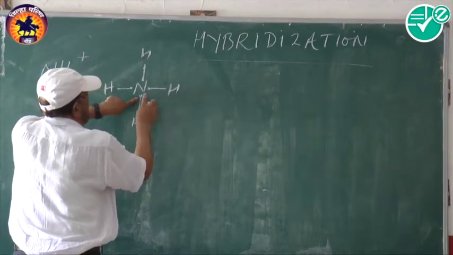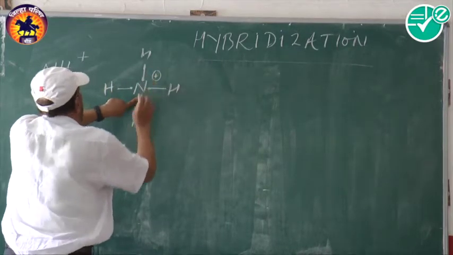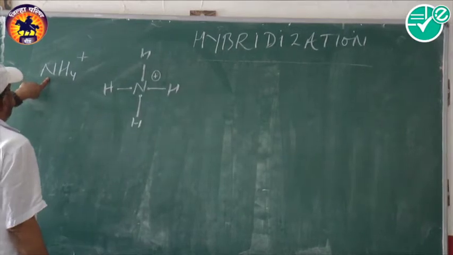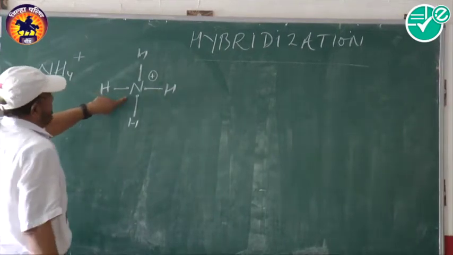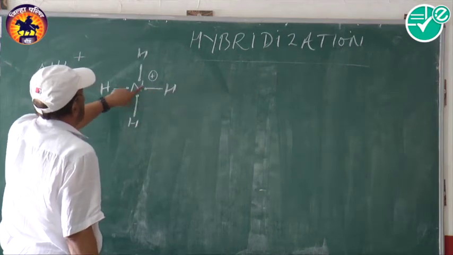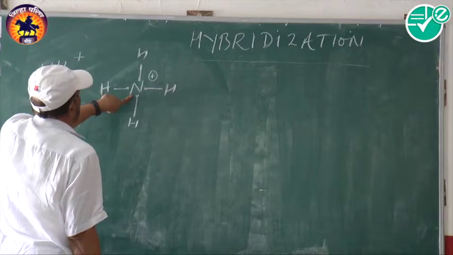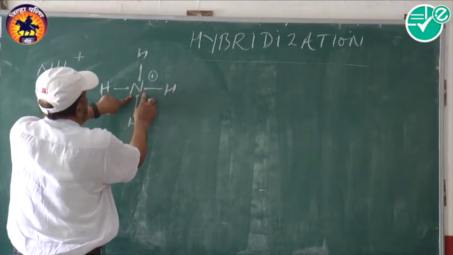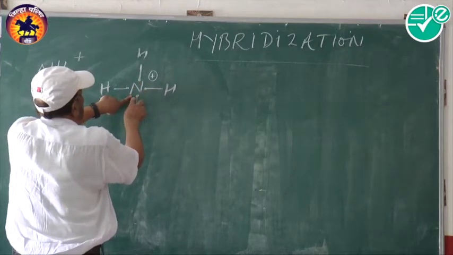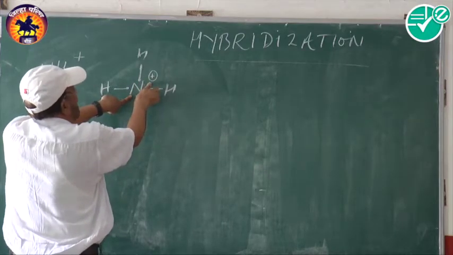One electron is deficit, therefore it is plus.